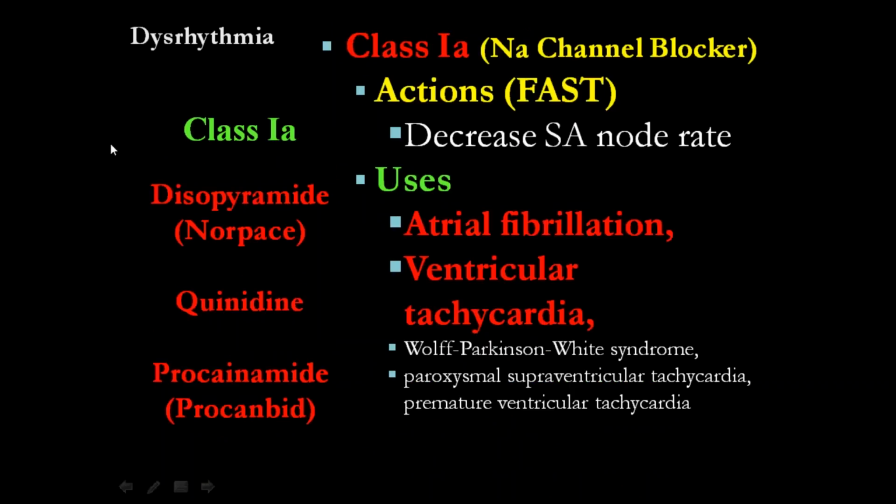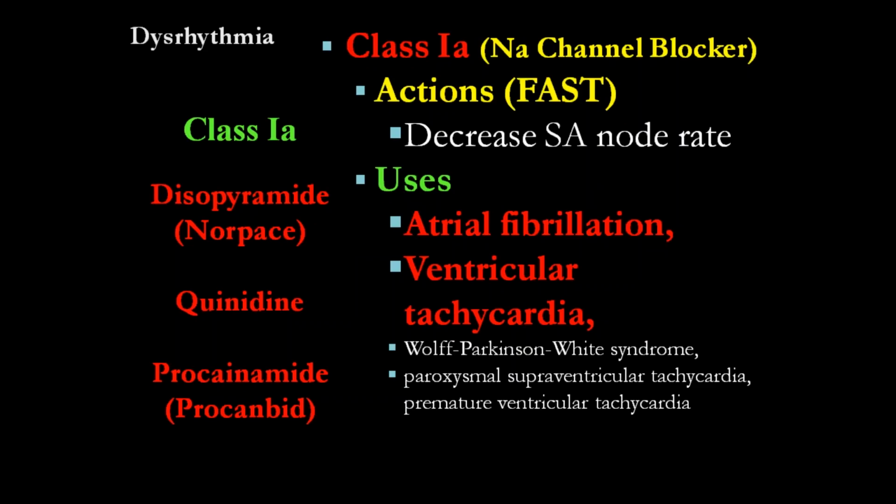All right, so let's start with class 1. In class 1 we have disopyramide, quinidine, and procainamide. What they are going to do is block the fast channels of sodium.